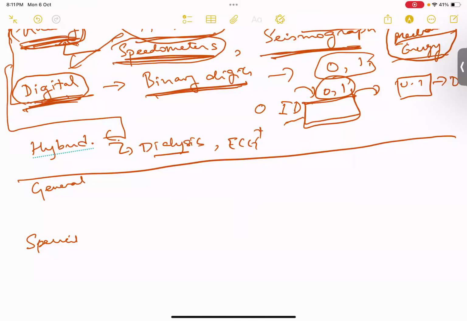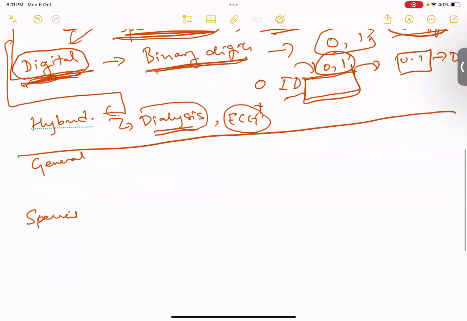Dialysis is used for filtering the kidney, so when the kidney is not functioning well, in order to purify the blood, we use the dialysis method, right? And those dialysis machines are based upon a combination of both analog and digital signals, okay? Similarly, ECG, or electrocardiogram, when we are checking the health of the heart, the device is also based upon a combination of analog and digital computing, okay?